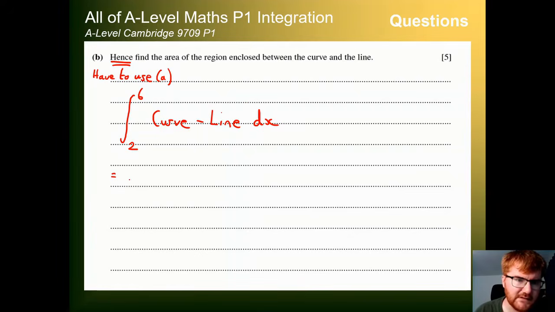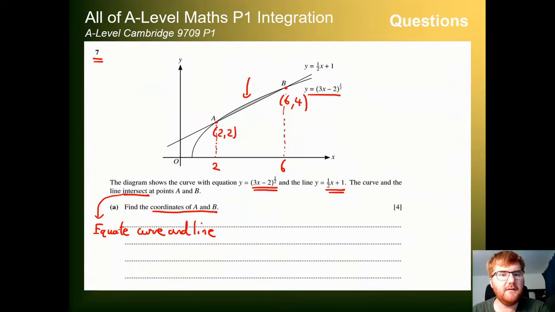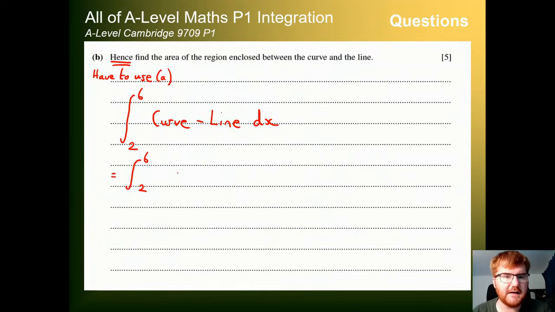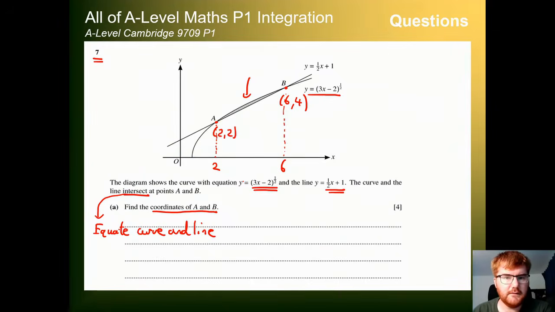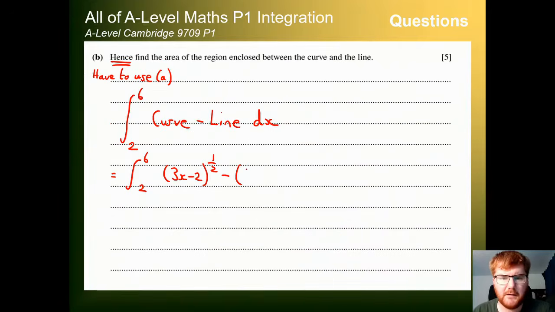So we're going to be integrating between 6 and 2. The curve is 3x minus 2 to the power of a half, and then the line is a half x plus 1. Be careful with brackets here, the minus applies to the entire function. And here we are, this is the integration we need to do.